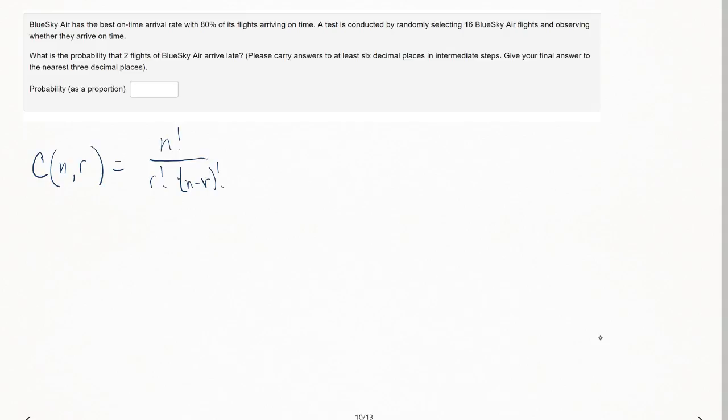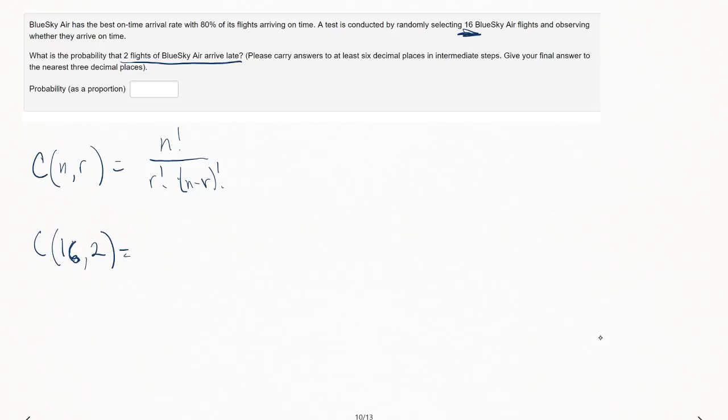And in this case, it gives you a count of how many different possibilities for this. We want to know 2 flights arriving late, right? So the combination that we're going to work with, there's 16 Blue Sky flights. So 16 there. And then we have 2 of them arriving late. So we want to put 16 comma 2 because of the 16 we're choosing 2 of those to arrive late. That's what's happening with all this stuff, okay?